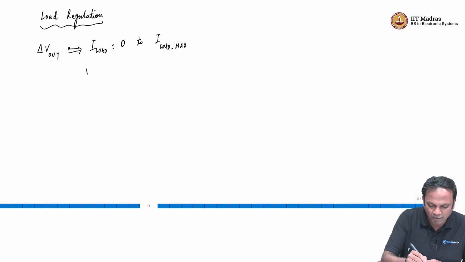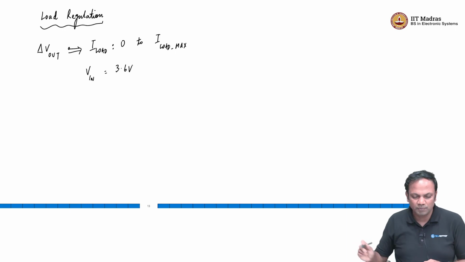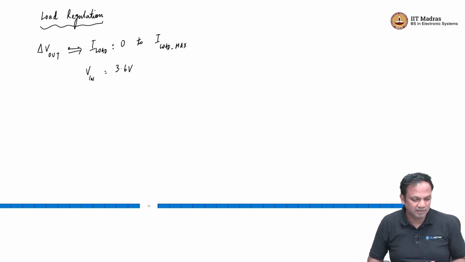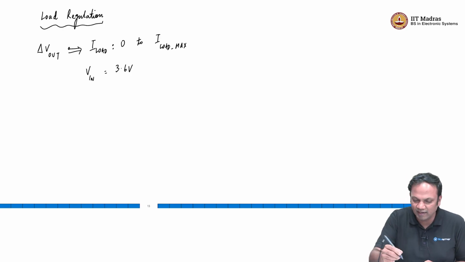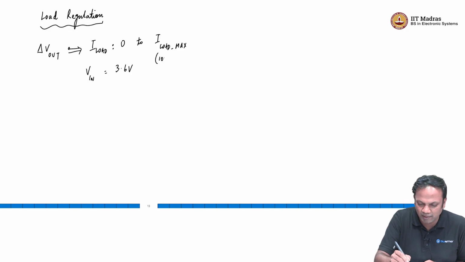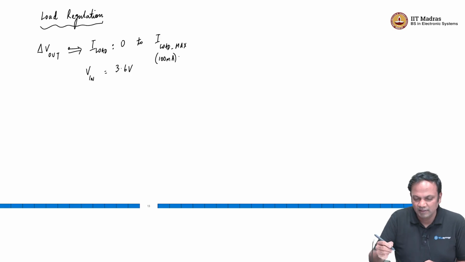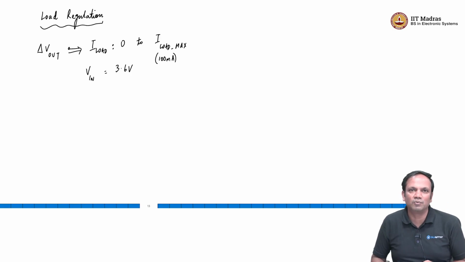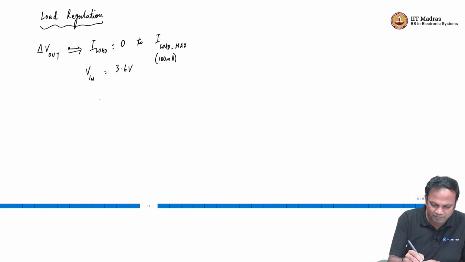In our case the nominal voltage is V in equal to 3.6 volt, so load regulation will be measured at 3.6 volt. We will first calculate what happens at I load equal to 0, then what happens at I load equal to I load max, and in our case we have defined I load max to be 100 milliampere. Once we calculate the output voltage at these two different load currents, the difference between the output voltages is the load regulation. The first case is very simple.